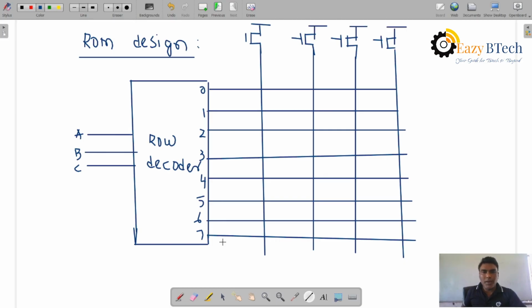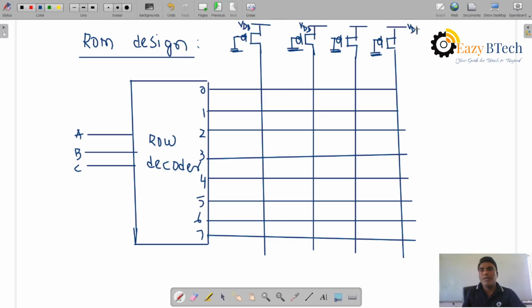VDD is applied, and it is connected to ground. The above is a PMOS transistor, with a bubble across the gate terminal. This is a PMOS transistor where we apply VDD.